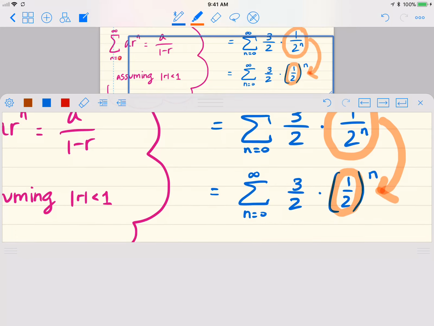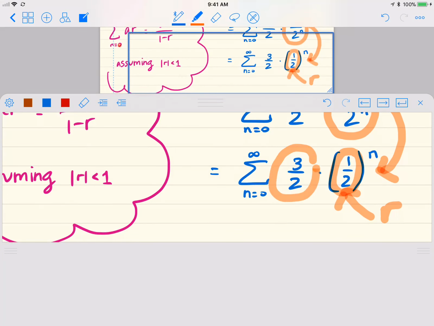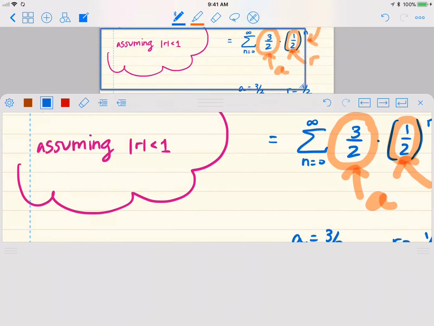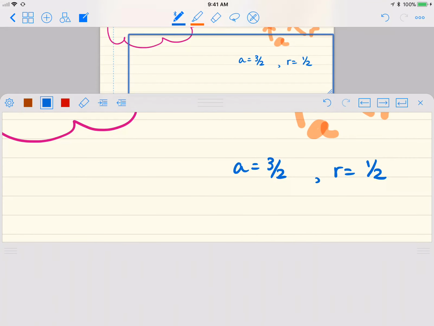Okay, and now it's clear to see that my r is 1 half, my a is 3 halves, which, remember, means the requirement that the absolute value of r is less than 1 is now satisfied.